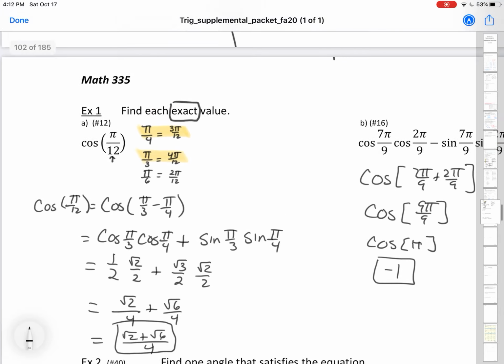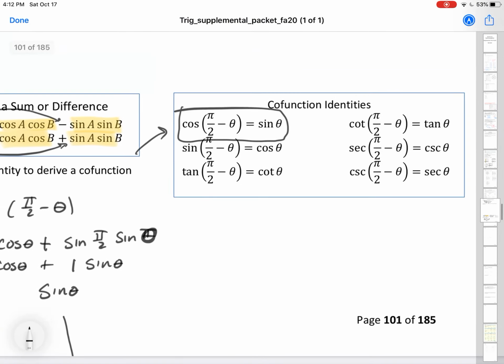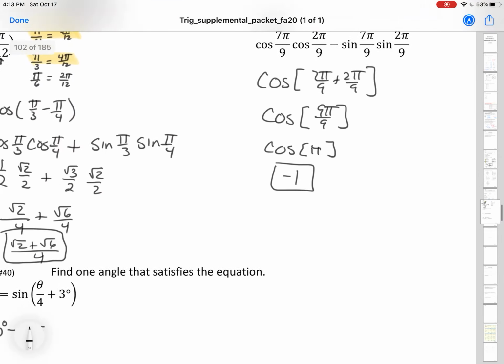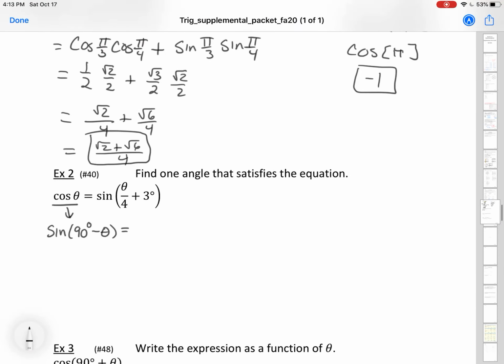We're trading out the cosine of theta for the sine of pi over 2 minus theta. You know pi over 2 is 90. And so why am I doing that? So that we can get to this stage, because sine is a one-to-one type of function.